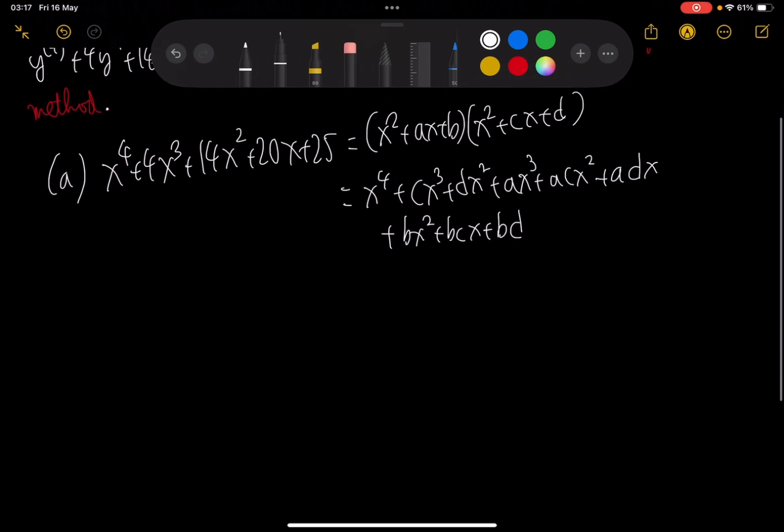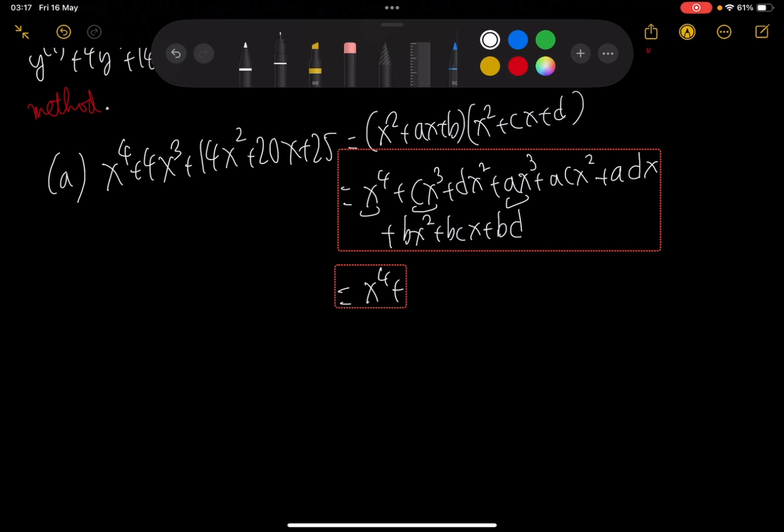And then we are going to group x power 4, and then look at the coefficient of x cubed. You can get a plus c times x cubed.